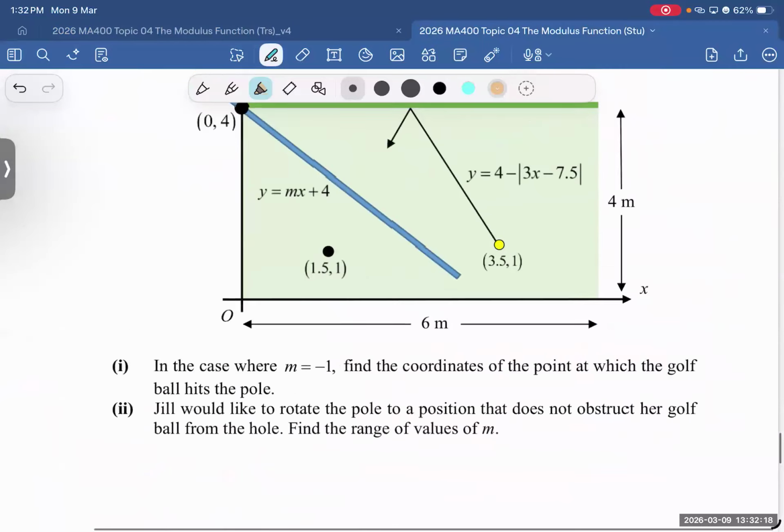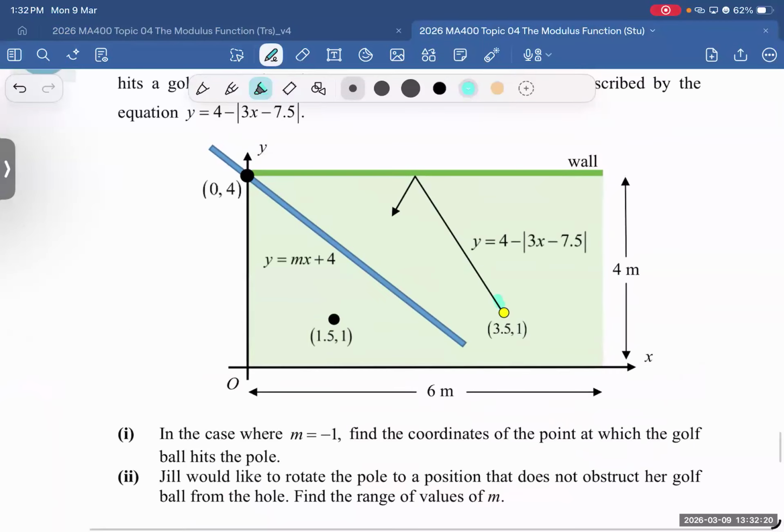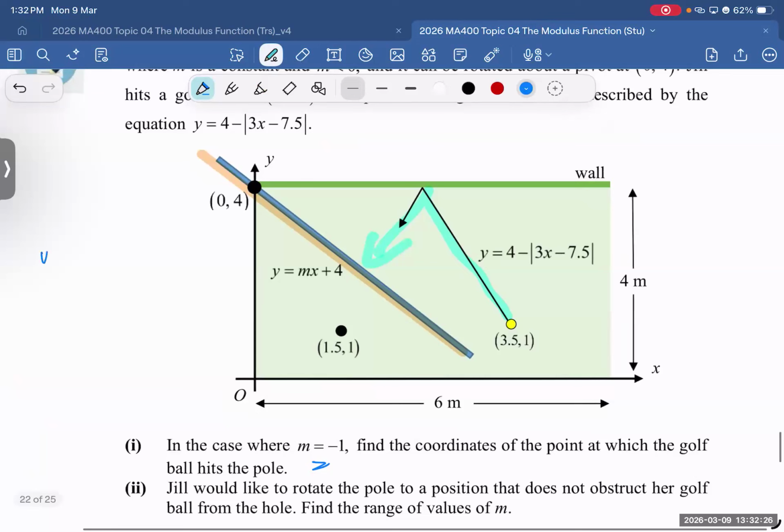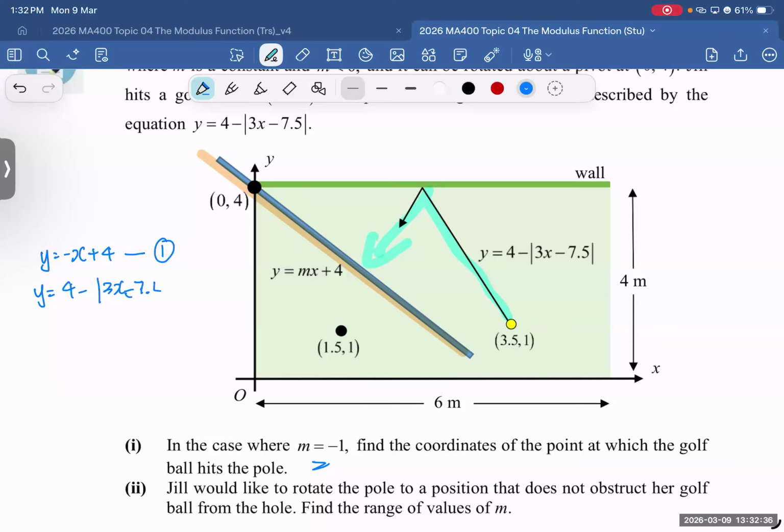So very simple. In the case where m is -1, y equals to -x plus 4, that's equation 1. Y equals to 4 minus 3x minus 7.5 is equation 2. Just solve simultaneously. Should be easy. Okay or not?